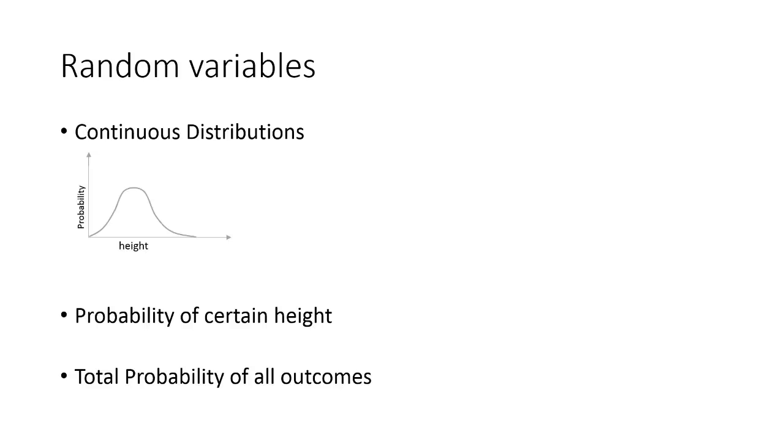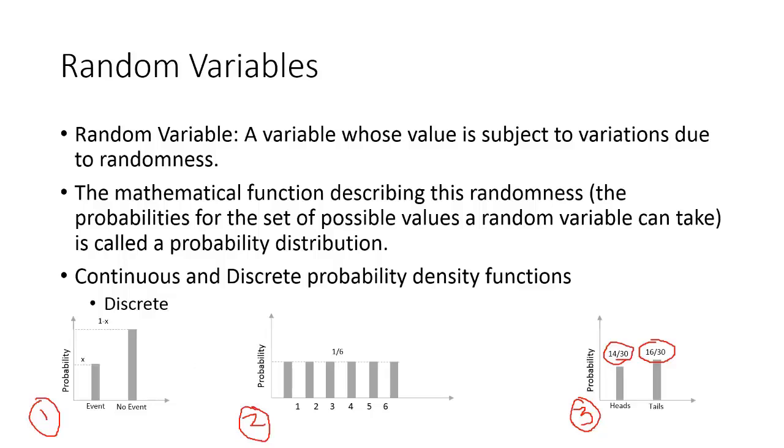In the previous case, in the discrete distributions, what made it discrete was that the possible outcomes were discrete. So it was either an event or a non-event. So that's discrete. There's no half event. Same way out here, you either get a 1 or a 2 or a 3 or a 4.